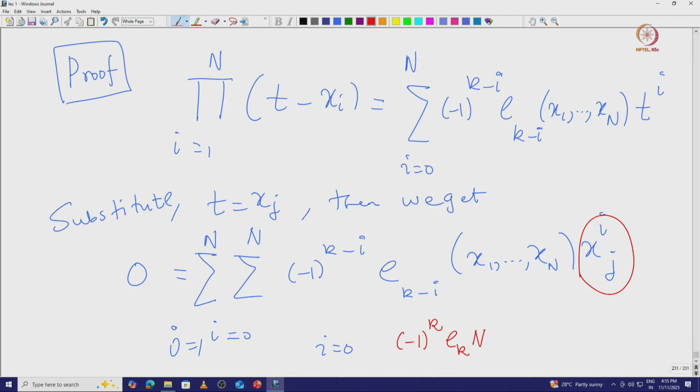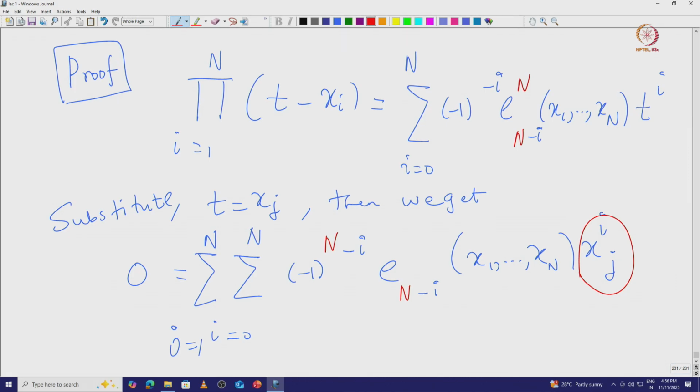Sorry, I am mixing n and k, and k is supposed to be n. So you have n here, and n here, and here also n.